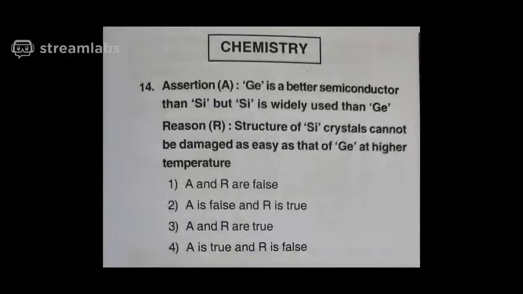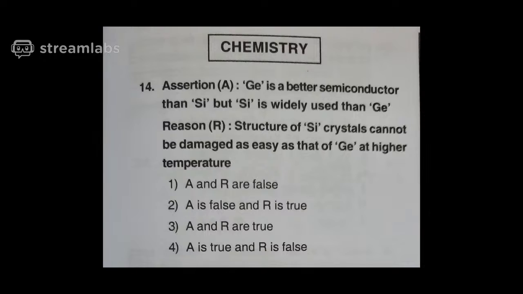Okay, the question goes like this. Germanium is a better semiconductor than silicon, and silicon is widely used rather than germanium.